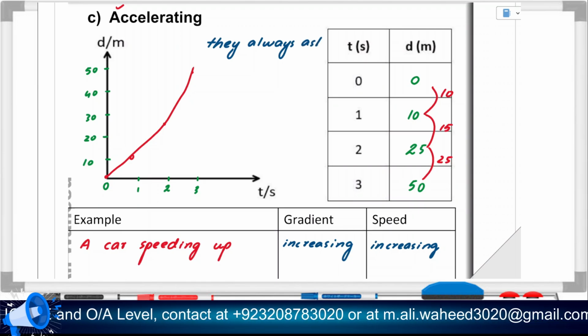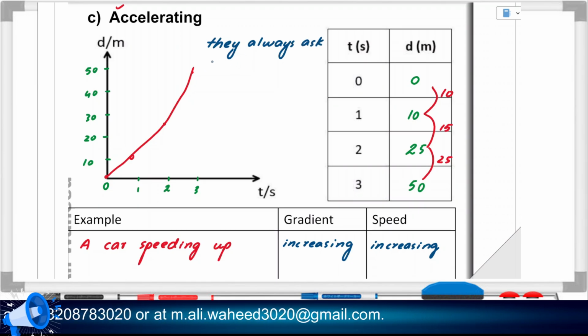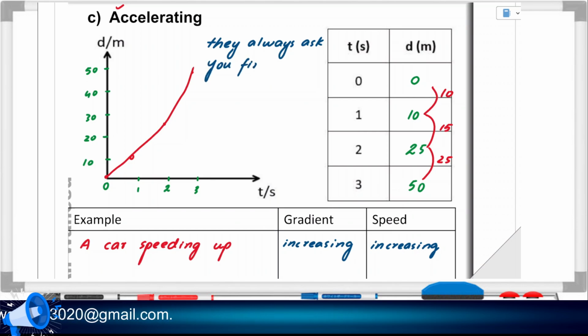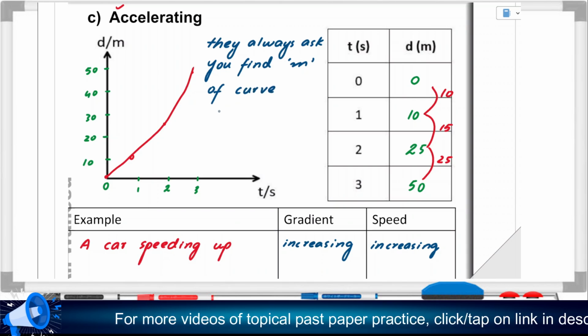So the thing is, when you have a curve, they always ask you to find the gradient. Gradient I'm representing by M. They always ask you to find the gradient of a curve at a fixed point.